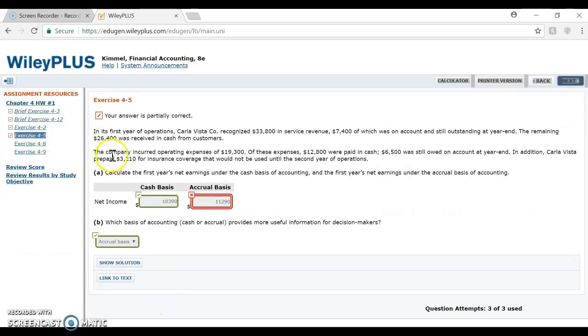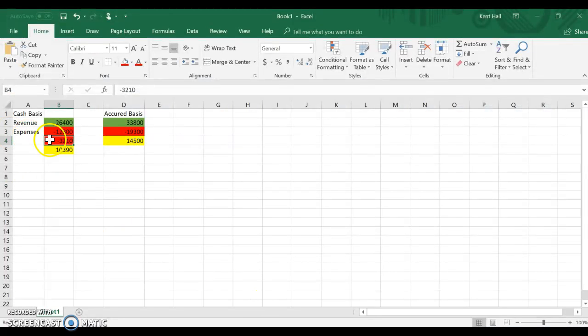And then we'll go ahead and look at the expenses, and it's the same with expenses. We don't look at the total incurred expenses. We look at the expenses that are paid in cash. And so for the first year, it was $12,800. So got that in right there.